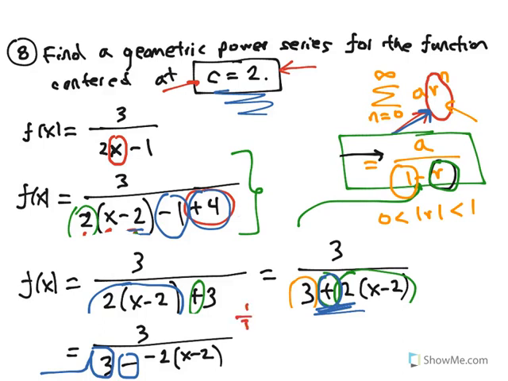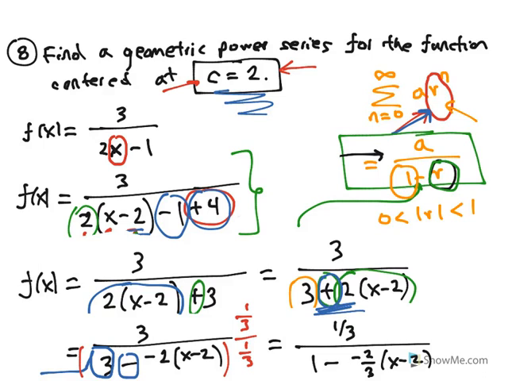And that can be done easily by multiplying by this form of 1. 1/3 over 1/3 is 1, and that will give us 1/3 in the numerator, and in the denominator, when we distribute the 1/3, 3 times 1/3 will give us 1, and minus negative 2 times x minus 2 times 1/3 will give us negative 2/3 times x minus 2.